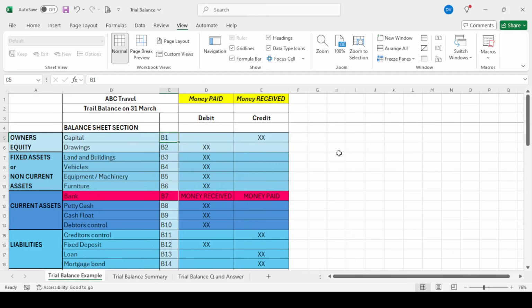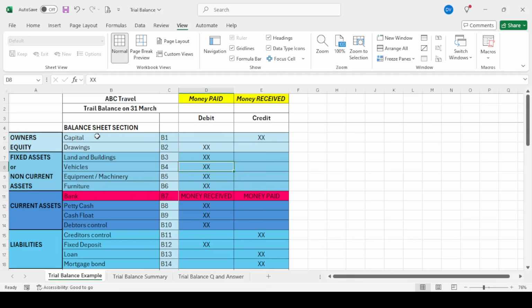Okay, right. Then we need to talk about all these X's that you see here. I didn't use values on my example trial balance. These X's just indicate on which side you have to put the value, the rand value.